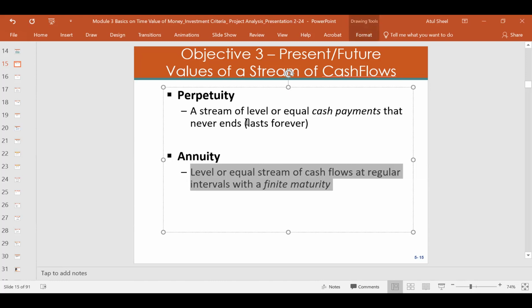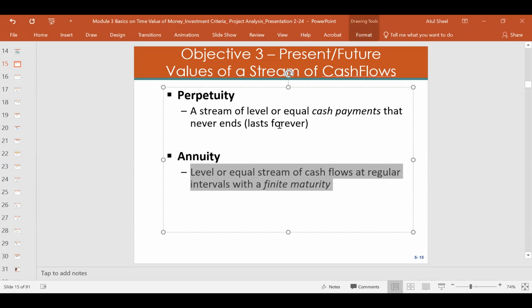And if you get the same fixed cash flow that never ends, it lasts forever, that is called a perpetuity. So remember, in an annuity, the T is finite.